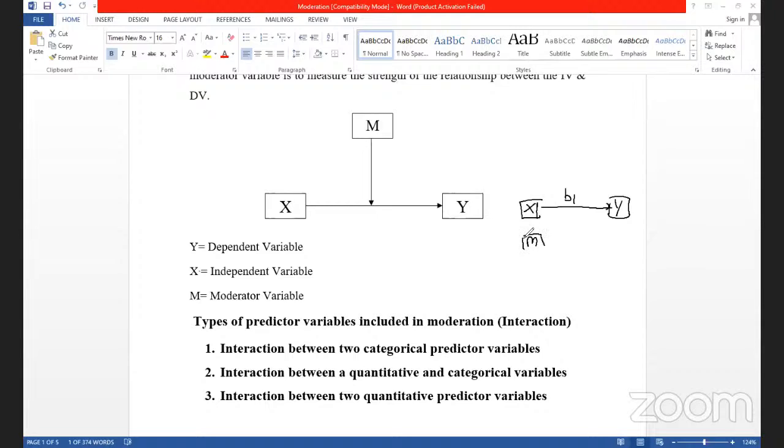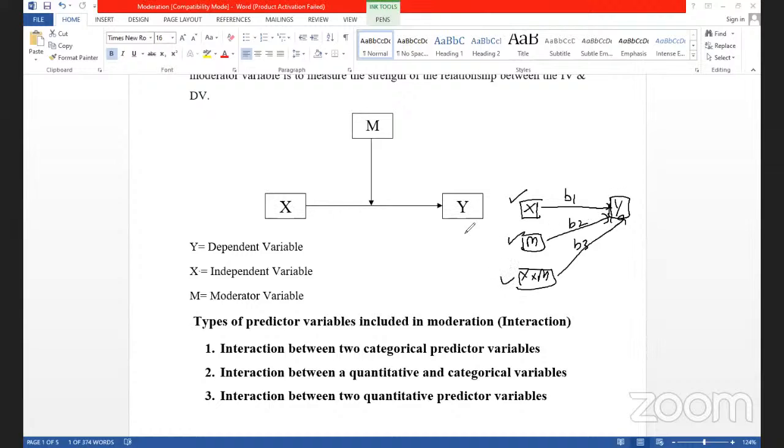Another variable, and this is its regression coefficient, and x into m is the interaction, that is B3. So statistically, we will check the impact of this interaction term on the dependent variable y.